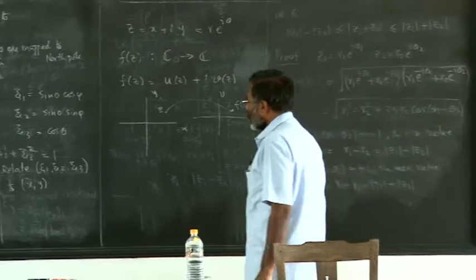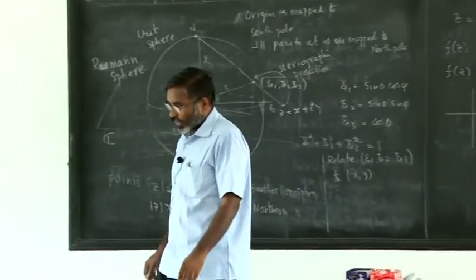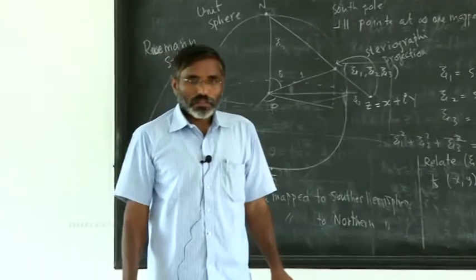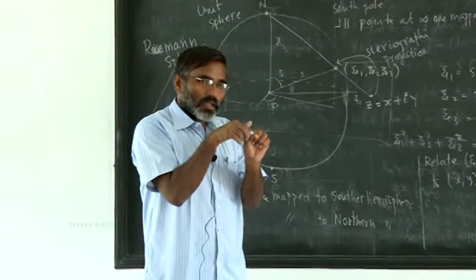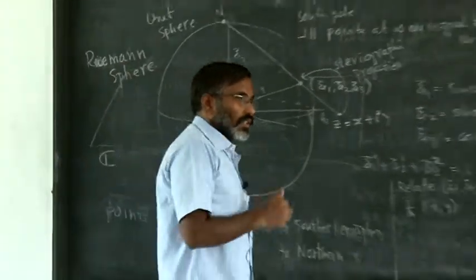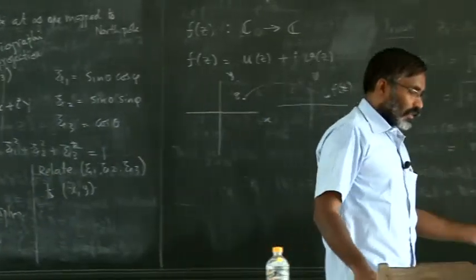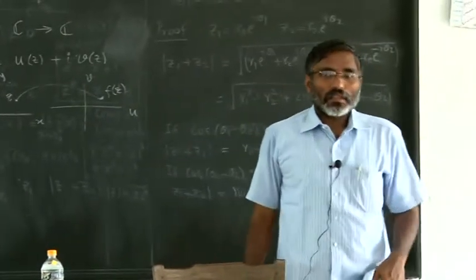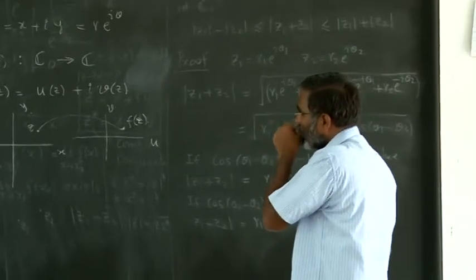So if you want a function f of z to be continuous at z naught, then limits that you approach from any direction in z naught should give you the same limit, and it should be equal to the value of the function at z naught. In such cases, we can define continuity, differentiability, all those things in a similar way.